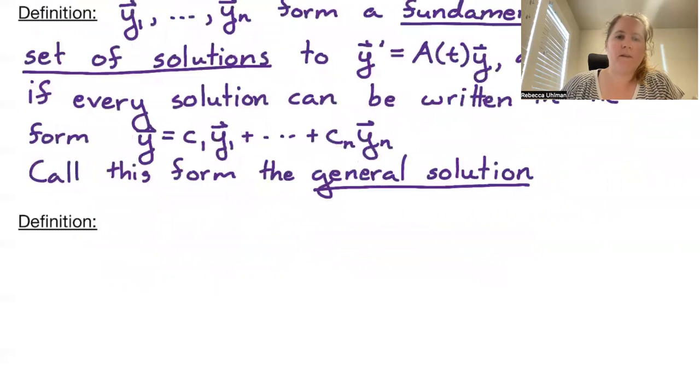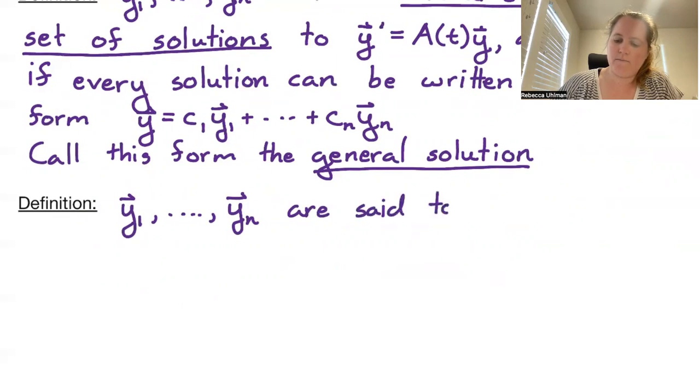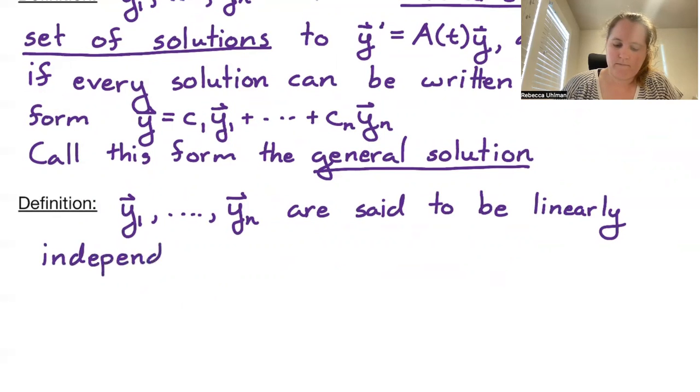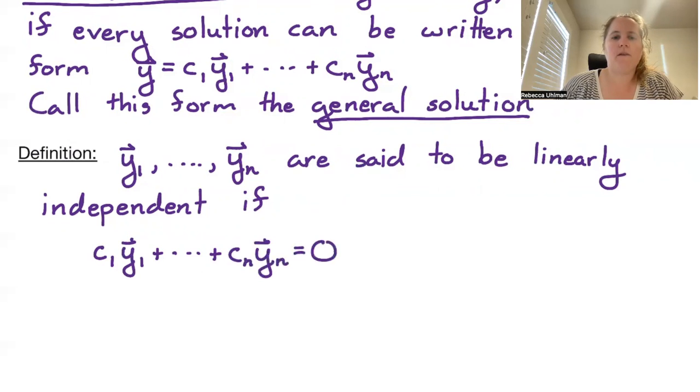Quick definition, y1 through yn vector functions are said to be linearly independent if the linear combination c1 y1 plus all the way through plus cn yn equals 0 occurs if and only if c1 through cn are all equal to 0.